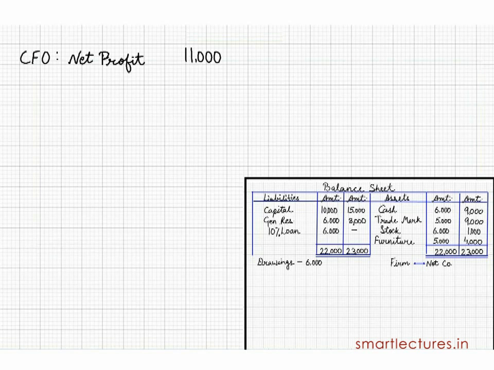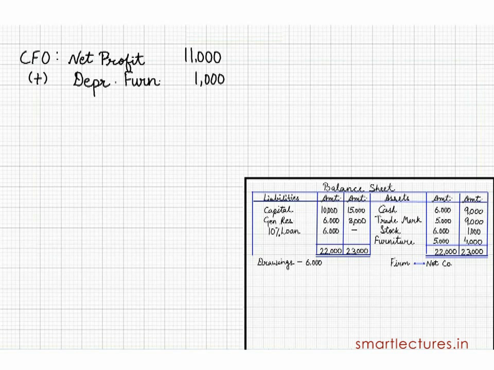Stock, it will be added but at a later stage. Furniture 5,000 to 4,000. It means we have lost furniture of rupees 1,000. Two possibilities: either this is depreciation or we have sold it. The stronger possibility is that it was depreciated by rupees 1,000. So depreciation on furniture will be added to net profit at the time of calculation of cash from operation.